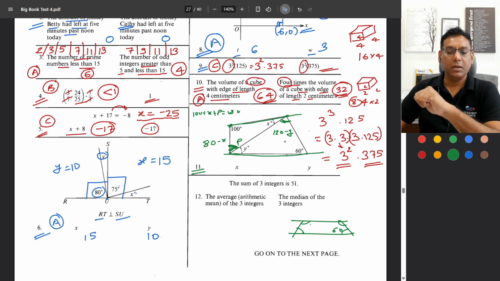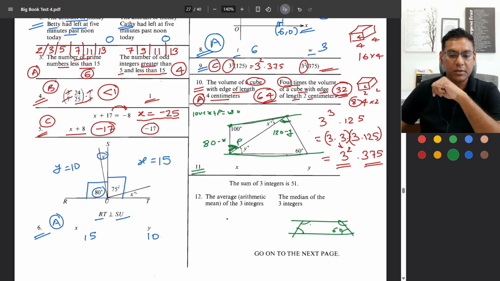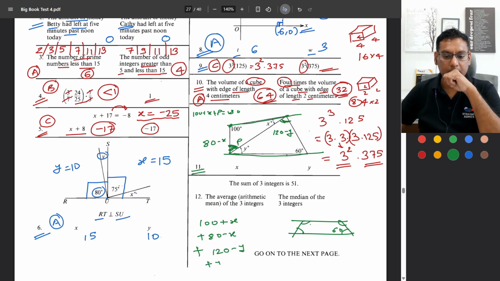Let's add all these angles together to get 360, because it's a quadrilateral. So basically what do I get? I get 100 plus x plus 80 minus x plus 120 minus y plus y plus 60. All of them have to add up to 360. Interestingly, x and y get cancelled.